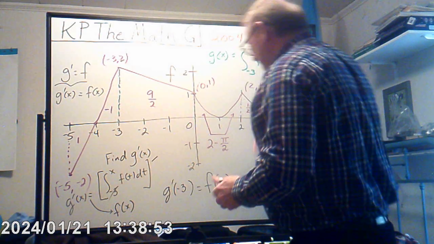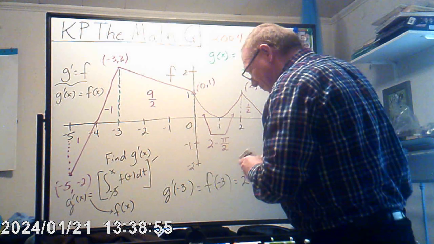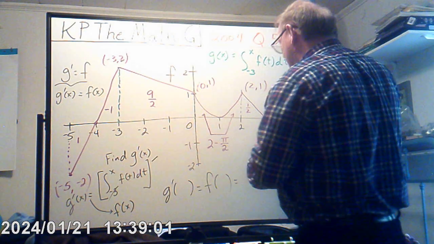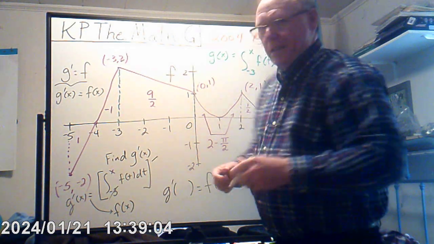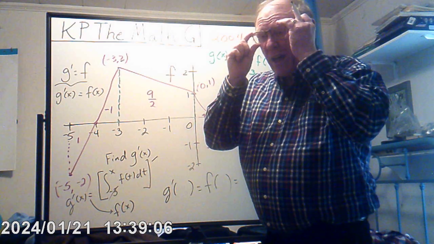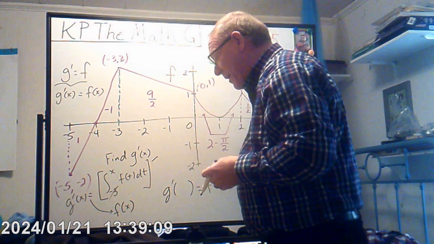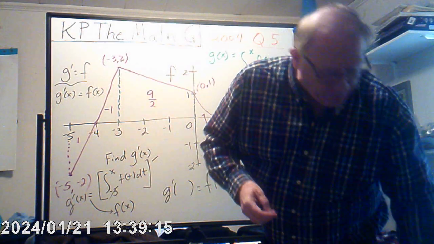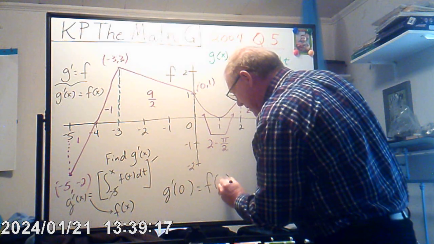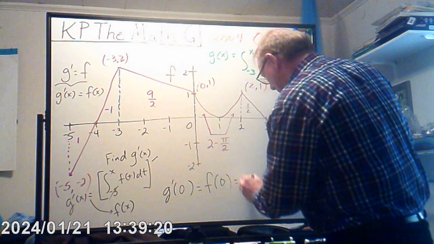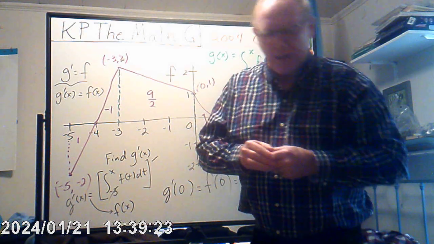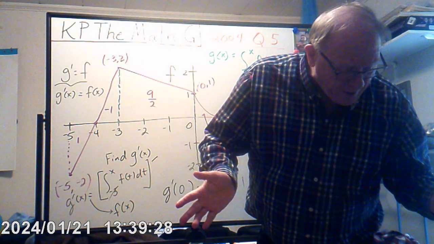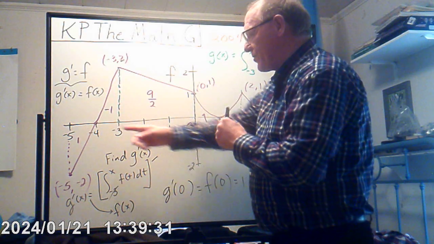For those of you who are taking the AP, you may have come across this, and if you've just taken a regular calculus class, they may teach this. I don't know, but this may be what is being taught today as well. So we're going to go over all of it. G prime at 0 is the same as f at 0, and that is equal to 1. You see how that is easily done. All you've got to do is plug that number in and find the y value.